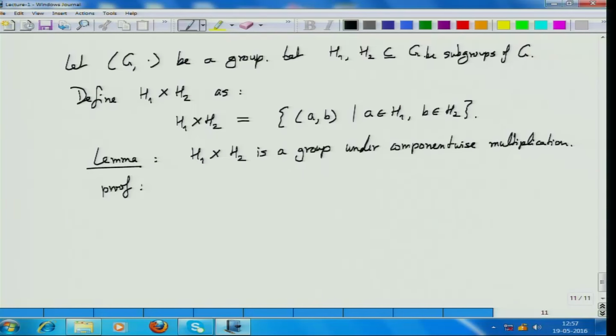We can quickly run through all the properties. Closure, trivially there. Associativity, trivially there. Because component-wise, we are basically borrowing properties of H1 and H2.